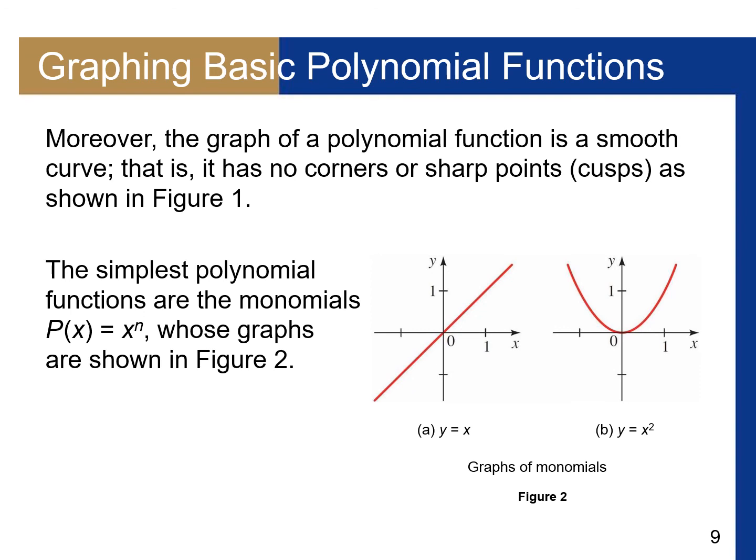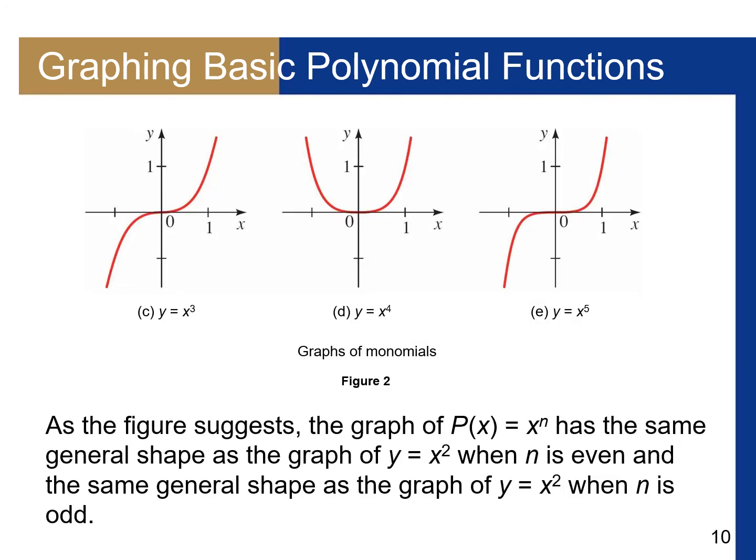The simple polynomials that we know are two of your parent functions, which is y equals x, which goes right through the origin, and y equals x squared, which is our parabola parent function here. Other parent functions that we've looked at are y equals x cubed. When we get y equals x to the fourth, it's still a polynomial, but notice right through here it gets flatter, and it will get even more flat if you have x to the sixth or x to the eighth.